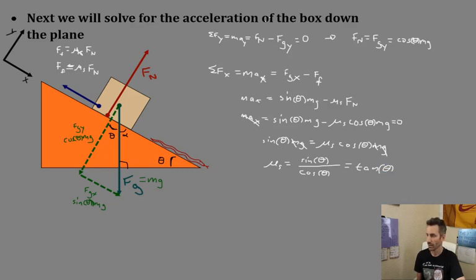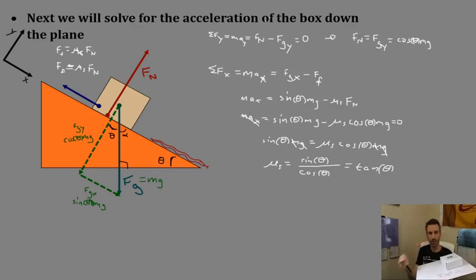Okay, so let's kind of take a look at that. Yeah, so let's look at what this means. This means that if you have an inclined plane and a box, as you increase the angle of the inclined plane, eventually you will get to a point where the angle is so large that the applied force along the plane, which is the force of gravity along the plane, right, in this direction, the force acting in that direction will be larger than the force of friction acting that way.